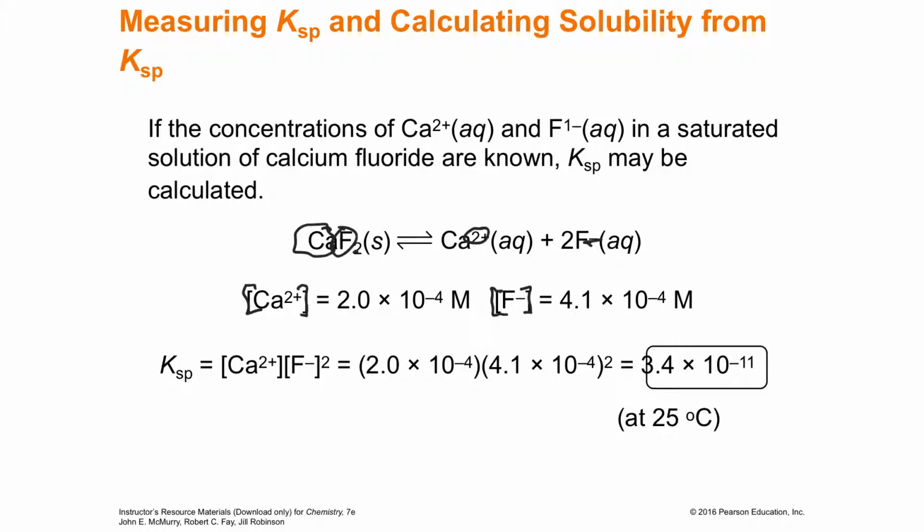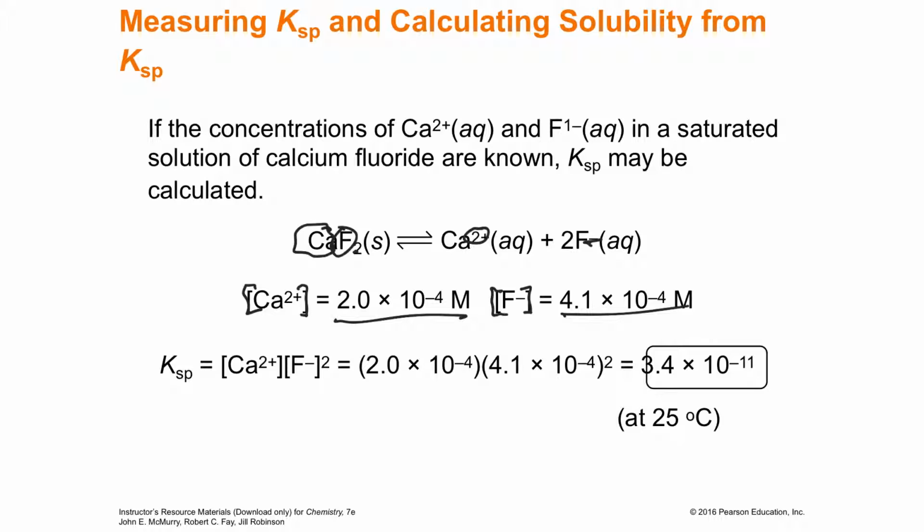Let's say that at any point in the experiment, I take the concentration of these ions. I stop the experiment, measure the concentration of calcium, and measure the concentration of fluorine. Let's say this is at equilibrium, so I have an equilibrium concentration of each.